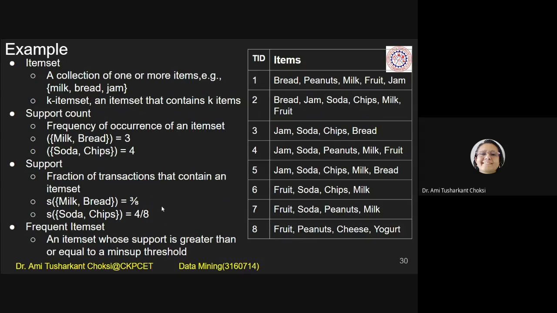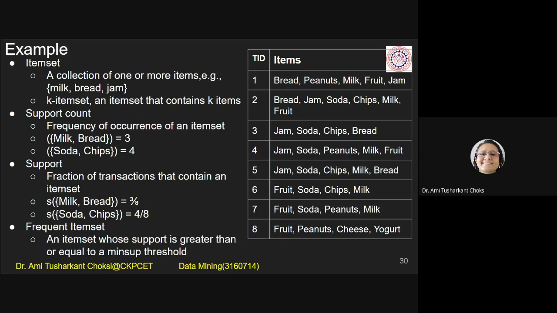In the same way, for soda and chips, the support count is 4, but the support is the support count divided by the number of transactions, so 4 divided by 8, which is 0.5.